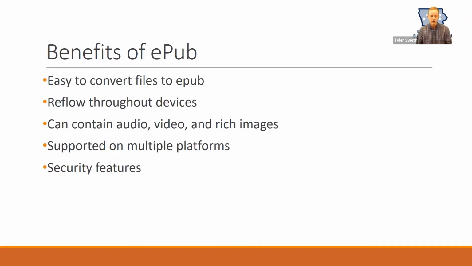And there are some nice security features within ePub, the way that the document is locked. With other PDFs and other Word documents, it's sometimes easy to gain access to it, to change it, save it as your own, those types of things. But in ePub, a lot of the time you're just viewing the file and the file's adjusting to what you're doing to it, but it's not changing what it is.